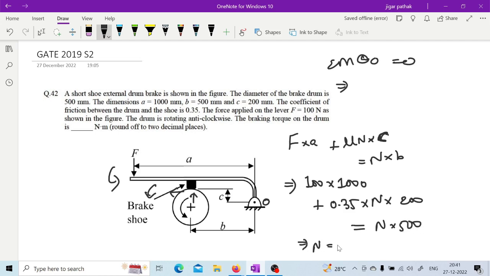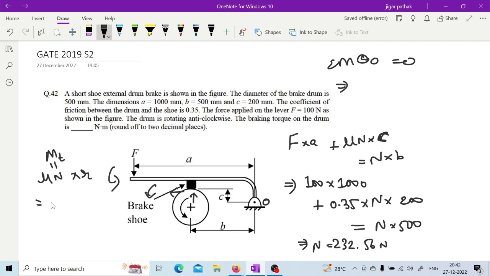What is n? It is almost 232.56 Newton. So once you have n, you can calculate the braking torque as mu n into the radius of the drum, right? This braking torque Mt can be mu n into r.